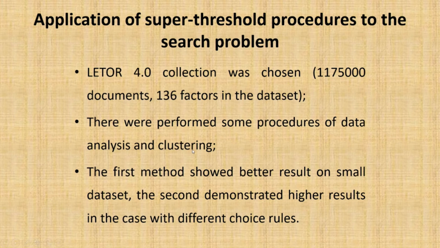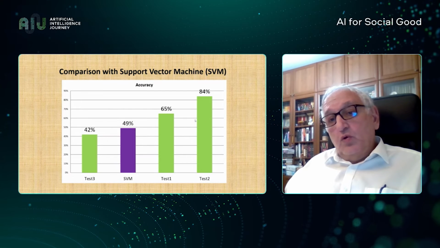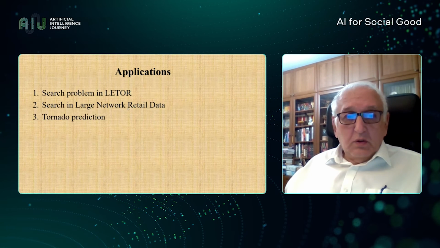And we applied our method, and we got, for instance, 84% accuracy, compared with 49% accuracy by support vector machines. And moreover, well, I will tell you about it.